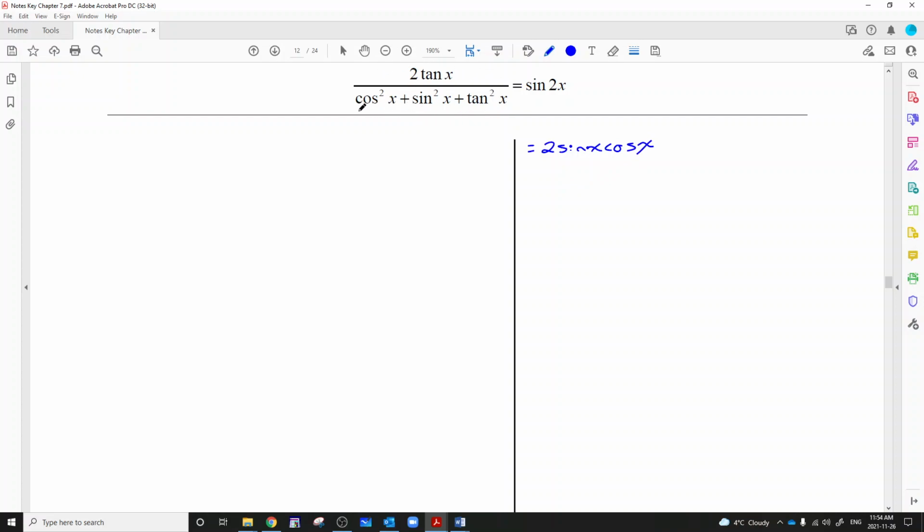So the first thing I see is the glaring identity. I guess glaring identities in this section mainly mean the Pythagorean identities. So I'm going to replace cos squared x plus sine squared x with a 1. Then I'll have 2 tan x over 1 plus tan squared x. Now, maybe at this point you change everything to sines and cosines, or maybe you look to see if there's another glaring identity.